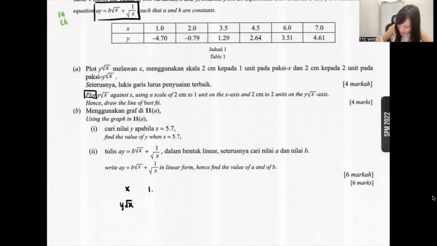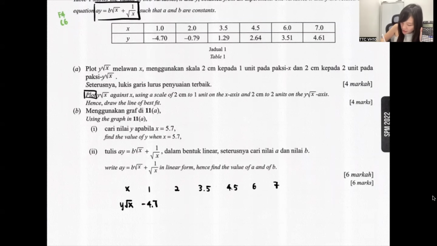On top they already give you 1.0, 2, 1, 1, 2, 3.5, 4.5, 6, and 7. That is your x value. Then y square root x, press your calculator. Remember, y square root x is, write the y, square root the x. Press. Negative 4.7 square root 1. Oh, it's negative 4.7.